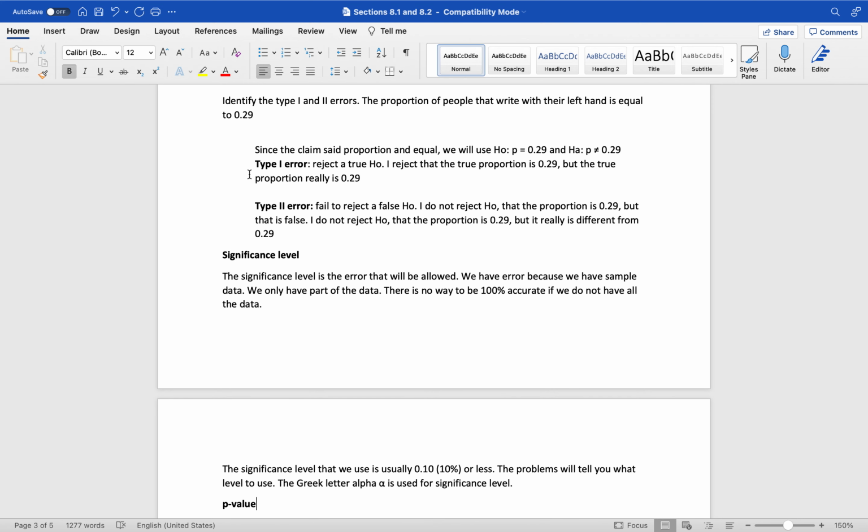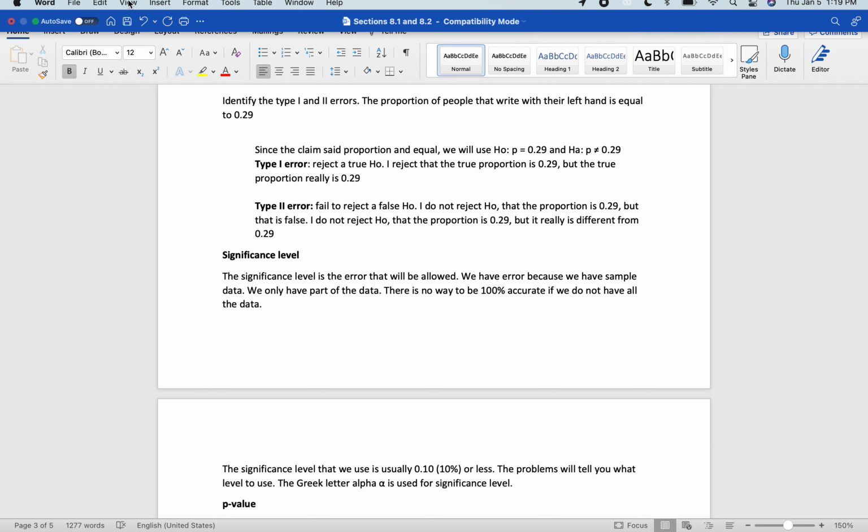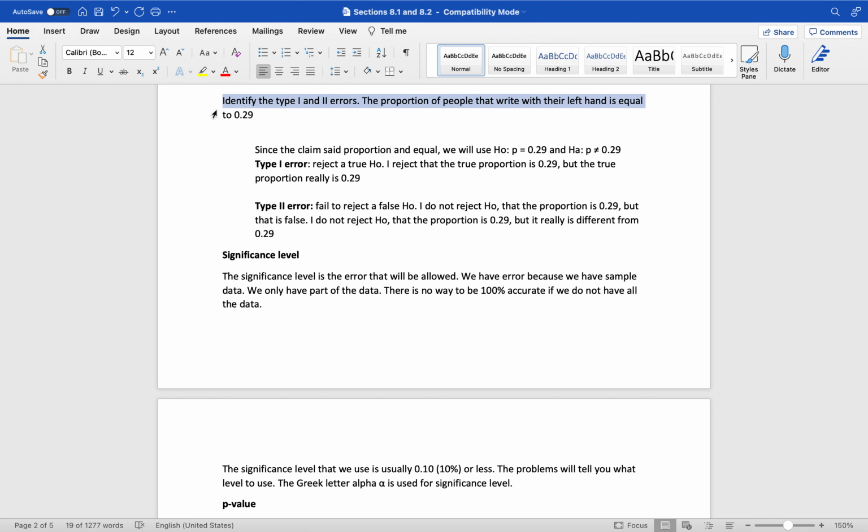So let's identify some errors. Identify type 1 and type 2 errors. Let's say there's a claim that the proportion of people that write with their left hand is equal to 0.29. Since the claim said equal, we will use H0: p equals 0.29, and HA: p is not equal to 0.29.